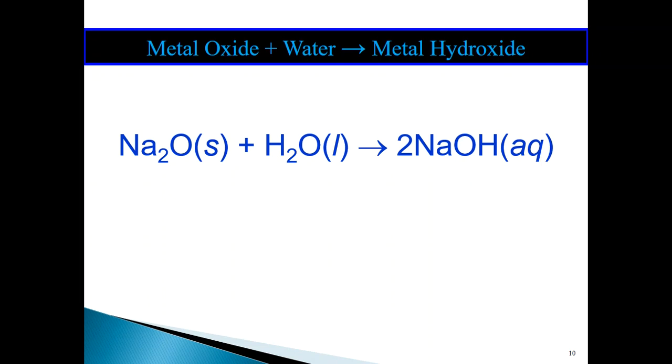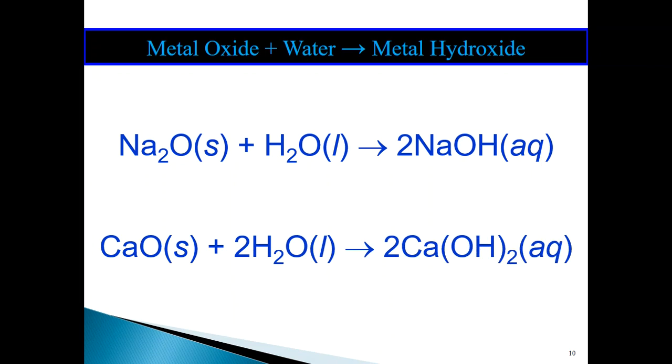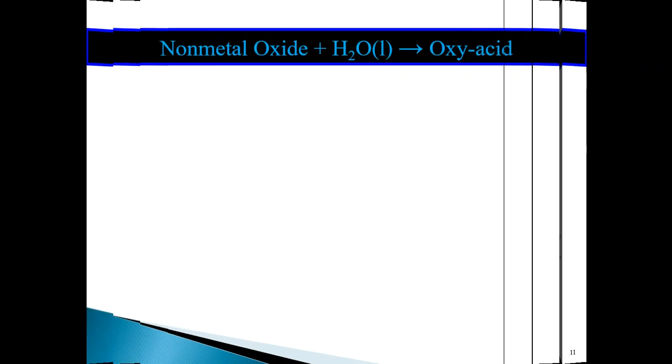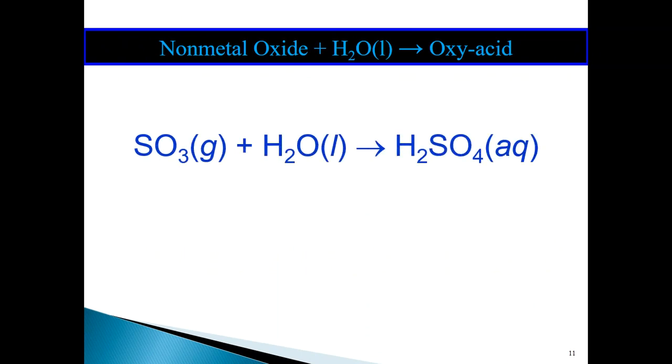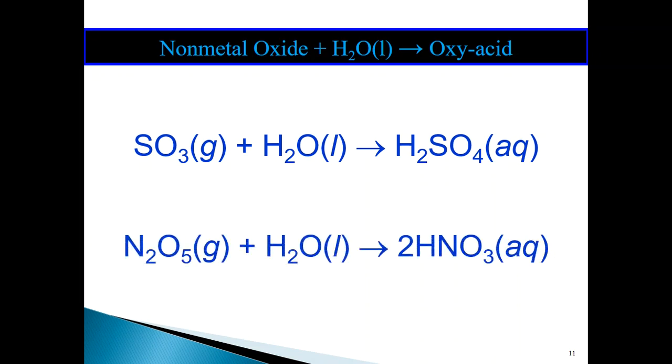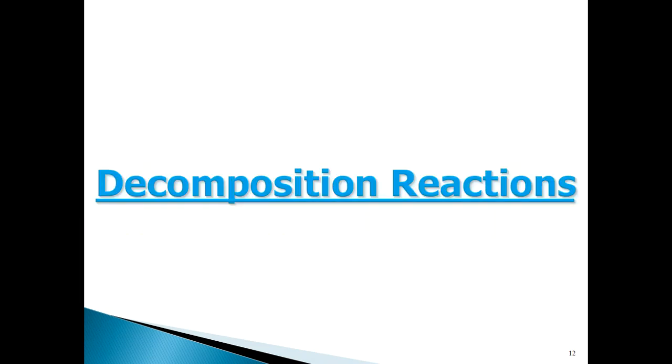For example, sodium oxide reacting with water to form sodium hydroxide, and calcium oxide reacting with water to form calcium hydroxide. You can also have nonmetallic oxides combining with water to form an oxyacid, such as sulfur trioxide plus water to give sulfuric acid, and dinitrogen pentoxide reacting with water to form nitric acid. Okay, so that's combination reaction.